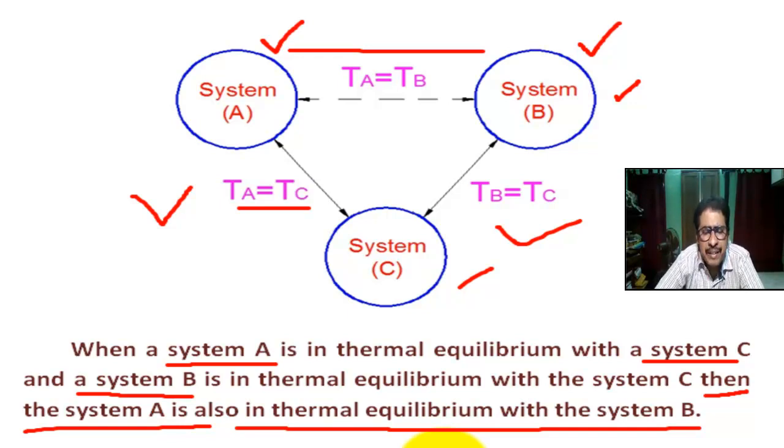Physical quantity means it is a property of matter or system, which can be expressed by measurement as a numeric value. Okay.